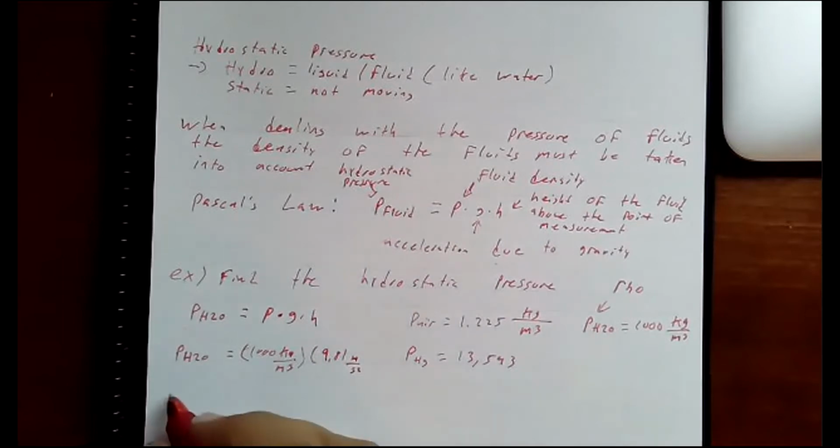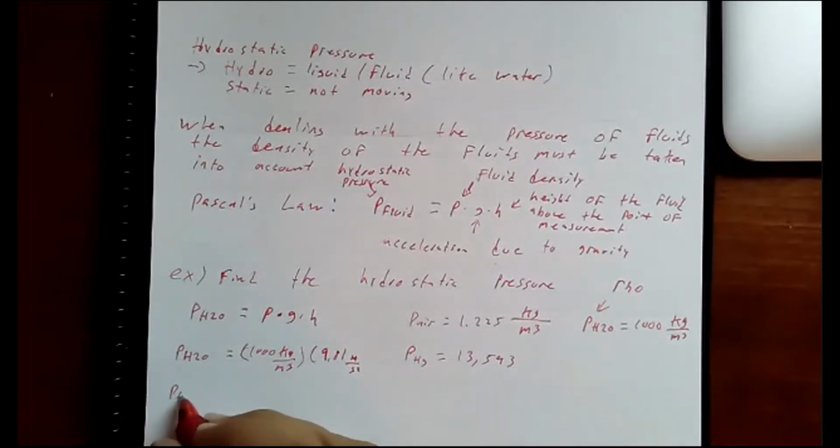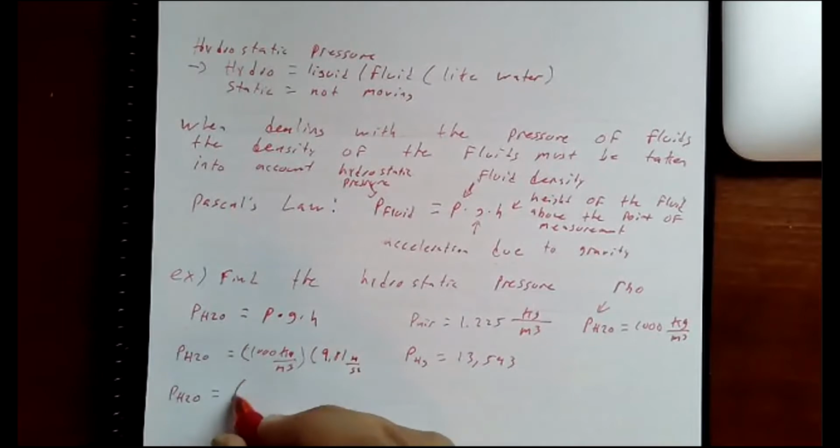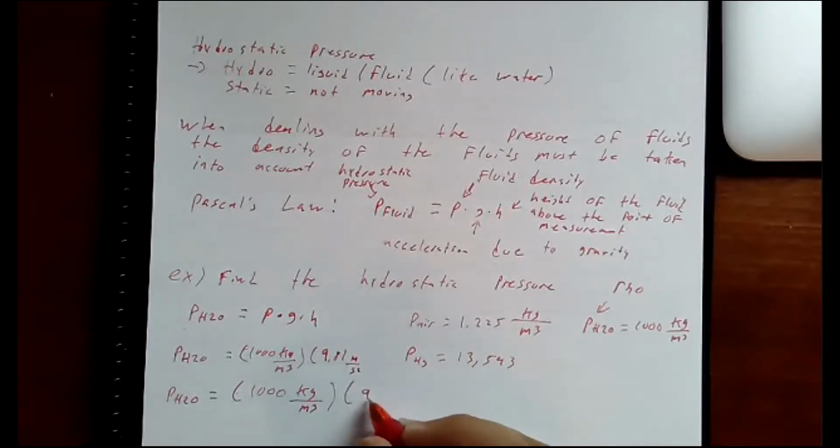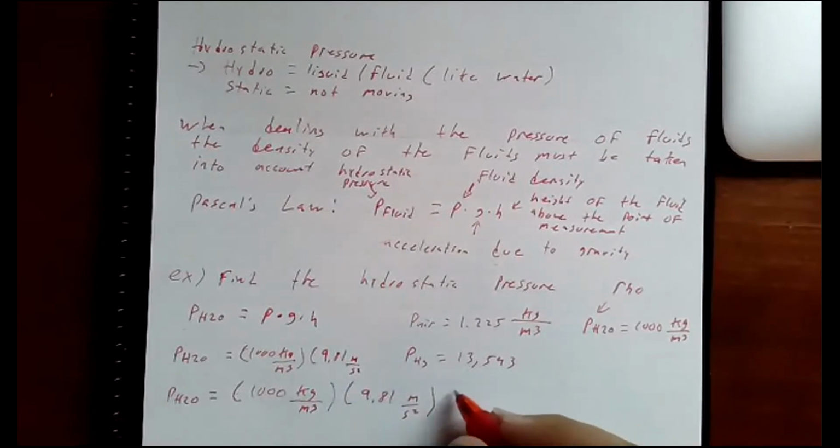I'm out of space, so I'll do that over here: 1,000 kilograms per meter cubed, 9.81 meters per second squared, times height, which we'll say is 10 just to make it easy.